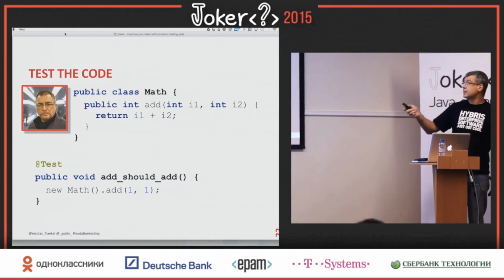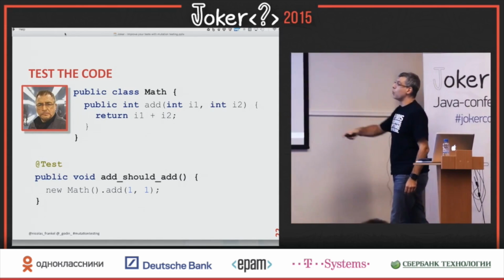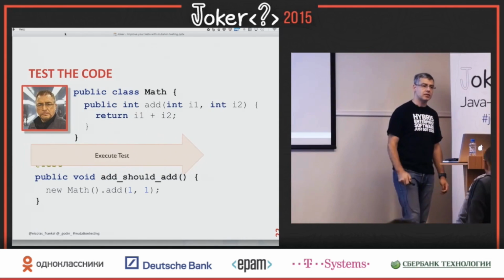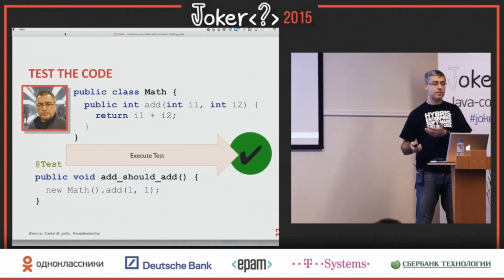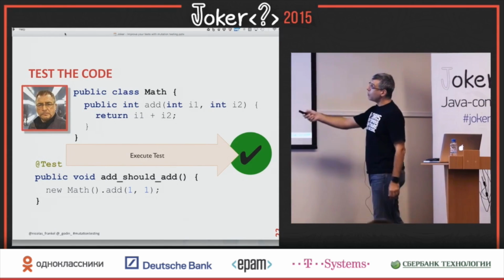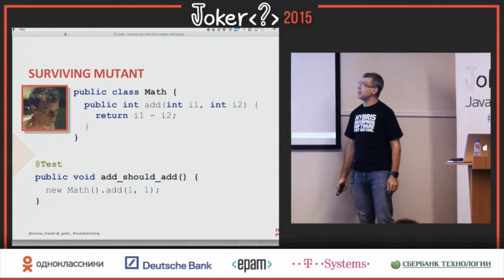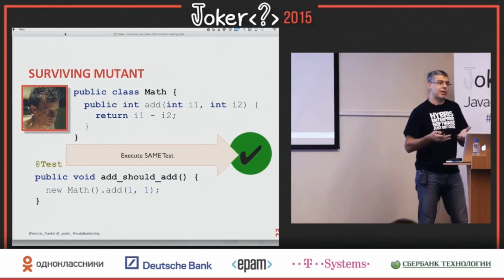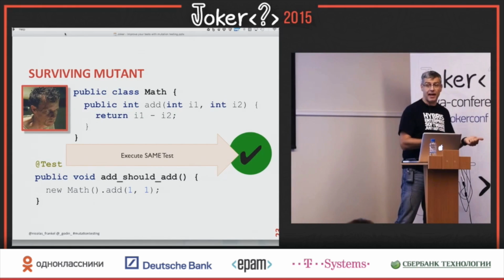Okay, so that is my initial example without the asserts. When I execute it, of course, like in my previous snippet, it works fine. I've got a green result. Now, if I replace the plus by a minus and I execute the test, since I have no assert, it's still green, so it's bad.